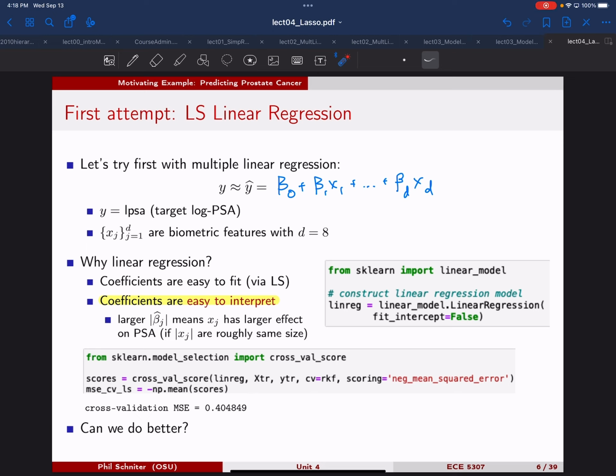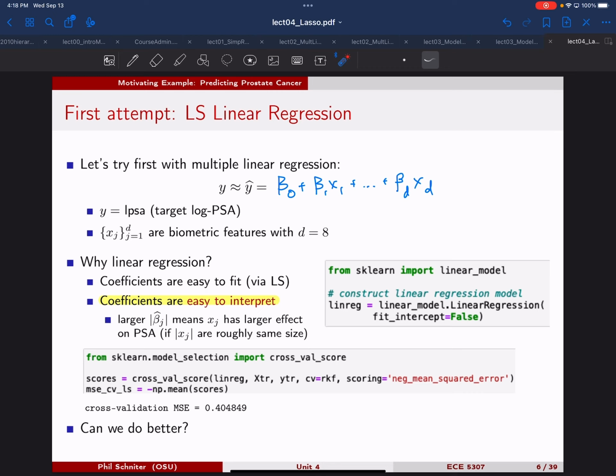That's true as long as the features are scaled so that they're roughly the same size. Because if one of my features is very tiny, then I'm going to need a very gigantic beta just to have any effect. That would ruin the interpretability, so we have to be a little bit careful. We'll talk about this later.